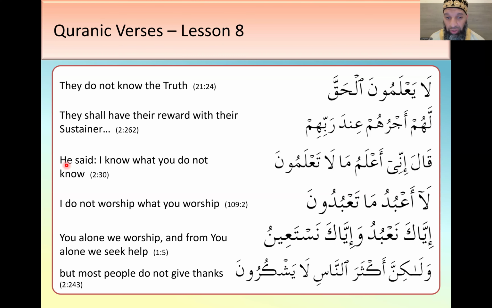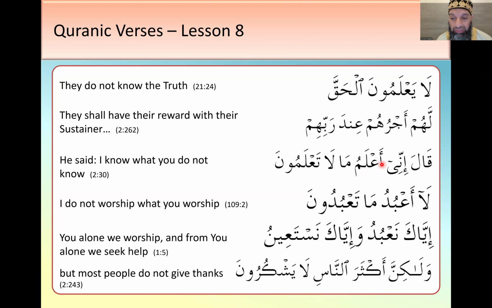There's lots of things in Arabic going on that I don't know about. Right? So he said inni, I, a'lamu. What's a'lamu mean? Yes, a'lamu itself means I know. The a'lamu is in here, but inni is making it stronger.